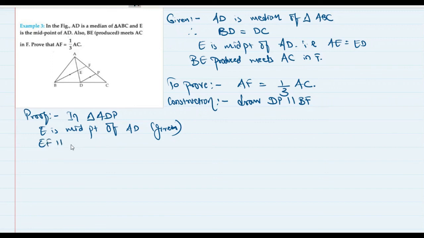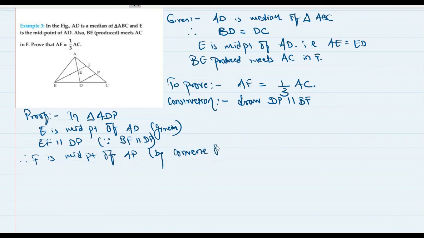EF is parallel to DP since BF is parallel to DP by construction. So EF becomes parallel to DP. Therefore, F becomes the midpoint of AP by converse of midpoint theorem.